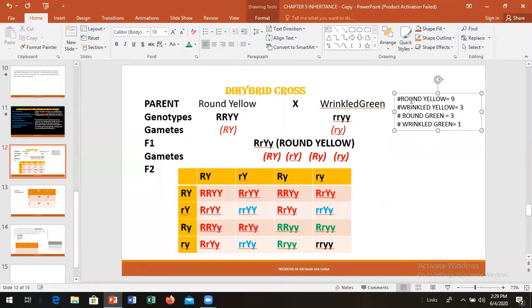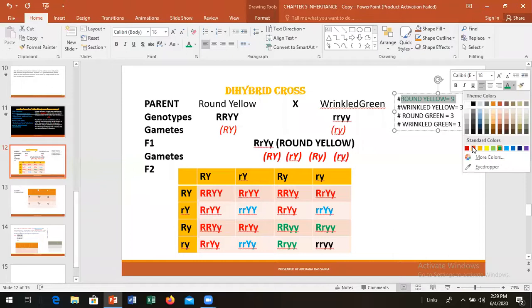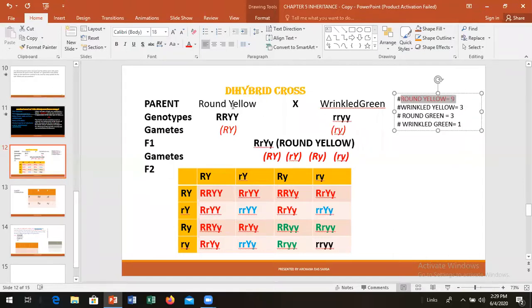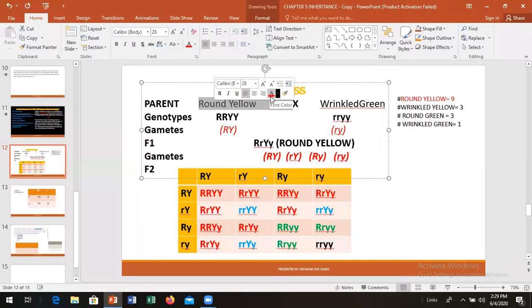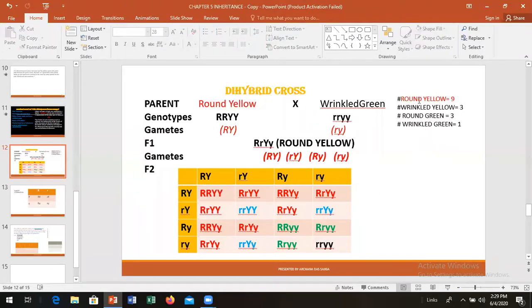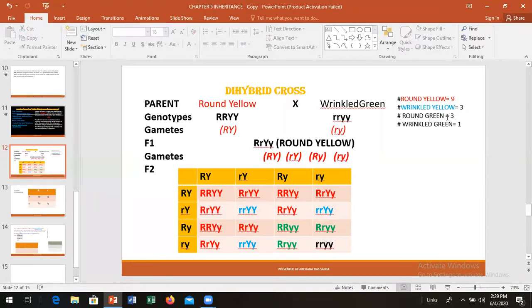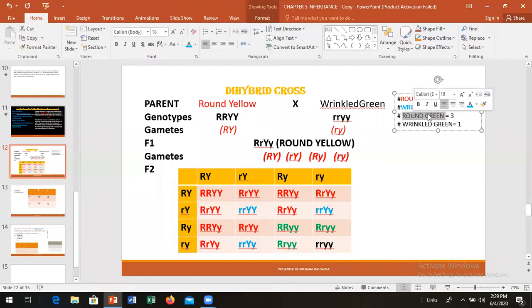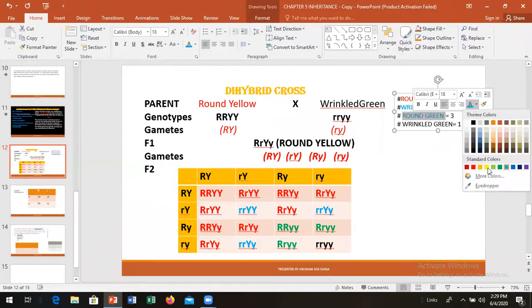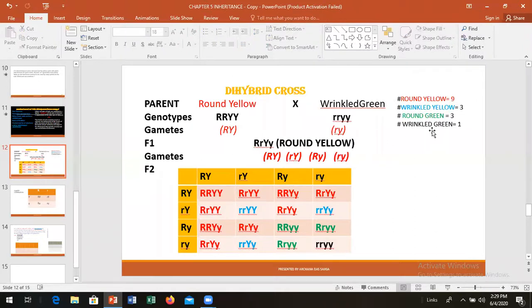Now you have a look here. This round yellow is like the parent. So here, like the parent, one parent. Then wrinkled yellow. This is the new combination that we have got, which was not existing earlier. Similarly, even this round green was not existing earlier.